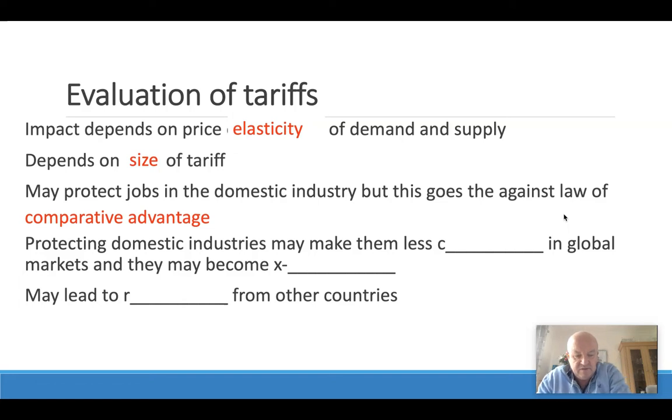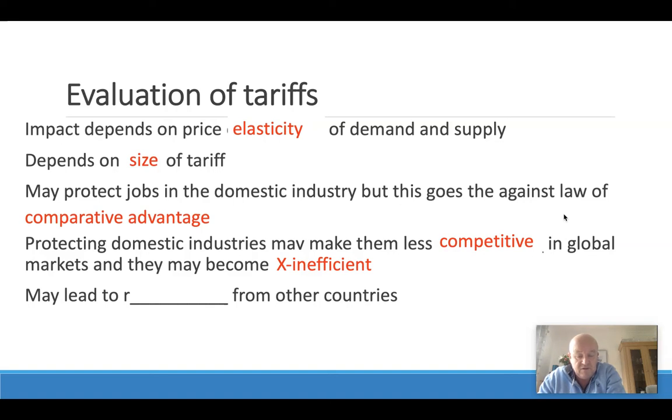Now, obviously, in some cases we can understand why we might want to protect domestic industries, but it does make them less competitive in global markets. And if they are protected and they feel as though they've got a girdle of steel around them, and they're not going to be affected by global markets, they might become inefficient. They may not necessarily be as efficient as they should be because they know they're protected.